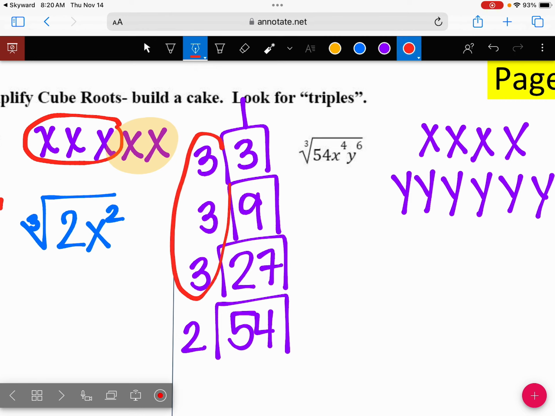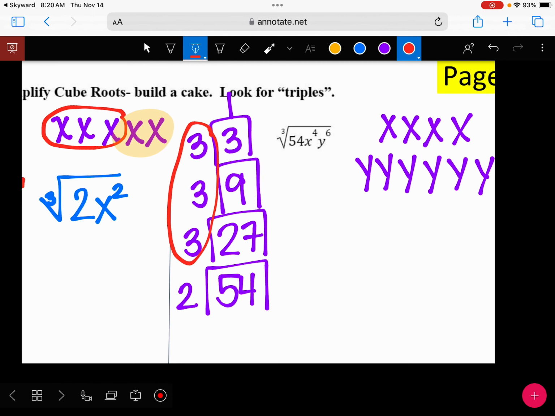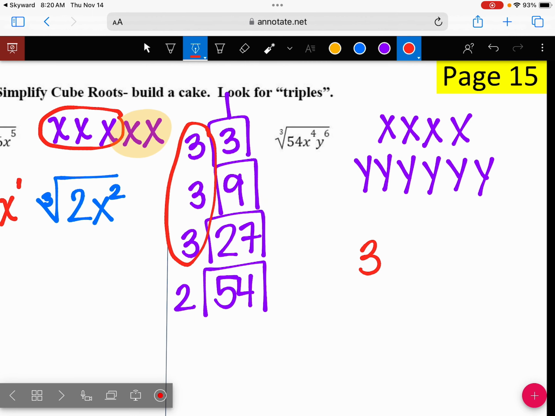So I have one group of triplet 3s. So that 3 can come out. This 2 needed 2 more friends, so it has to stay. Can't take it out. I have one group of triplet x's that can come out. This x did not have 2 more friends, so it has to stay.